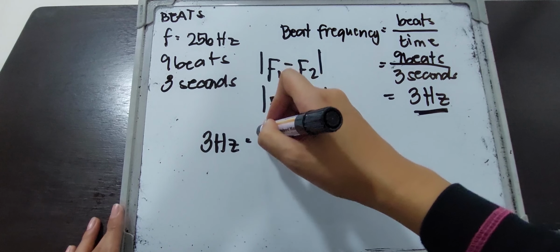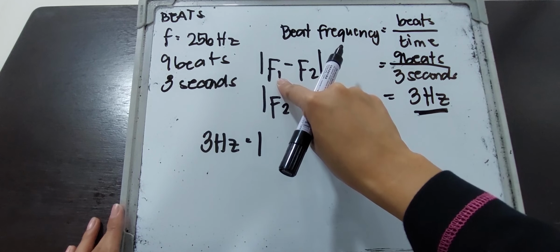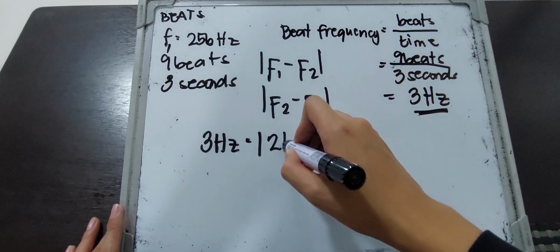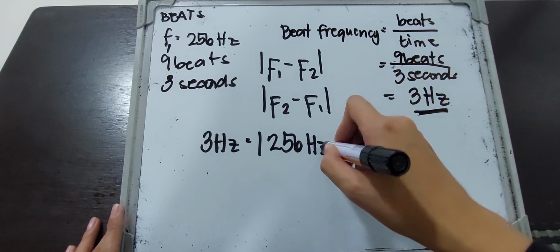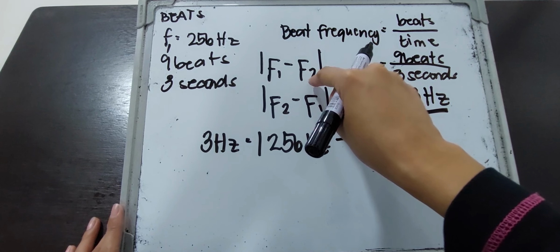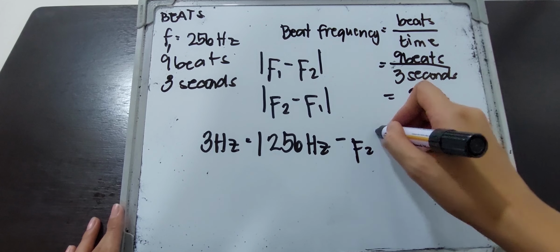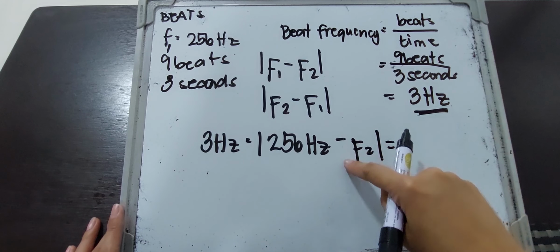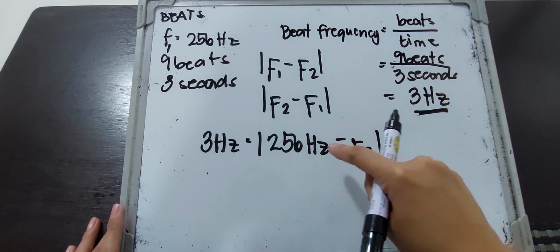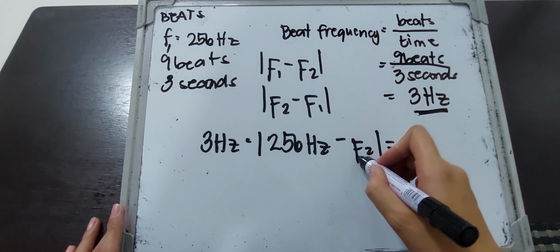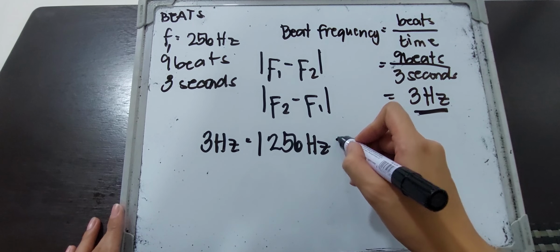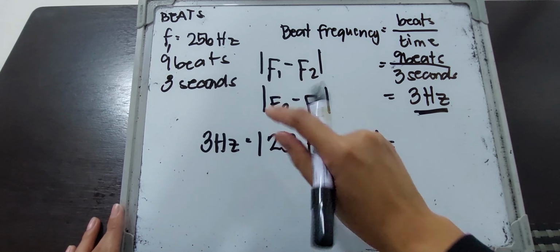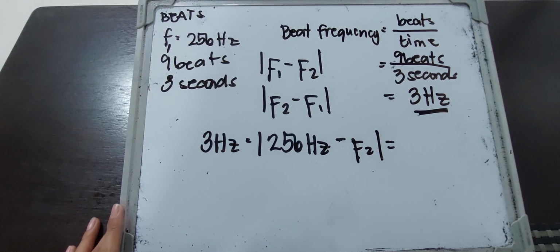Then, our first frequency is, lagyan natin f sub 1, 256 Hertz minus, ito yung ating hinahanap, f sub 2. So, we all know na para ma-isolate yung f sub 2, since meron tayong operation na subtraction, we can transpose this 256 dun sa kabila.